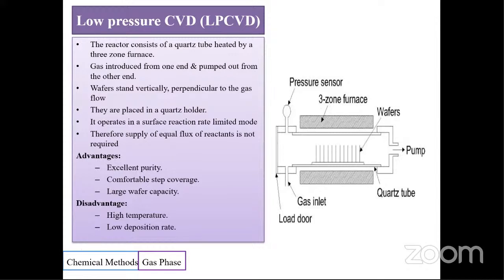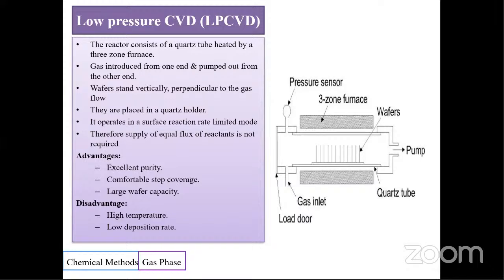Low pressure CVD, here again the same type of system is there. We have a quartz tube which is heated by a 3-zone furnace. The gas which you are introducing inside this chamber from one end can be pumped out from the other end.